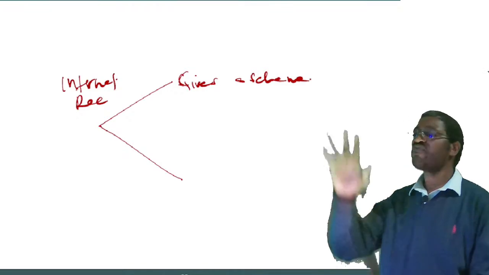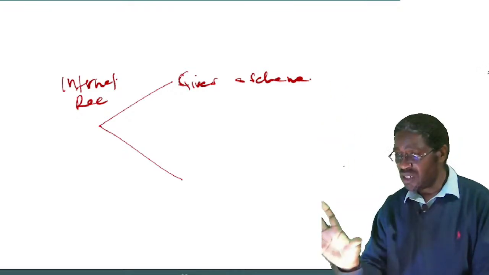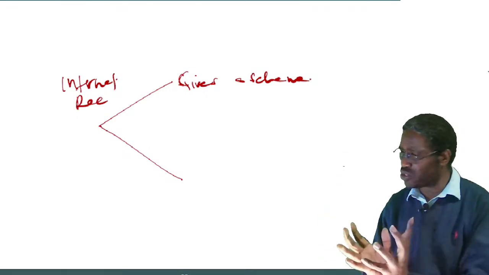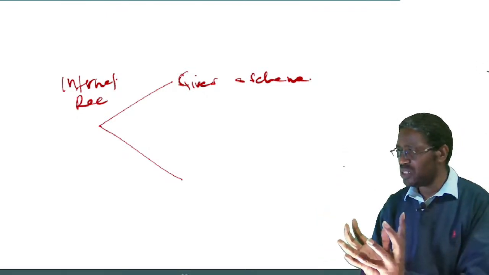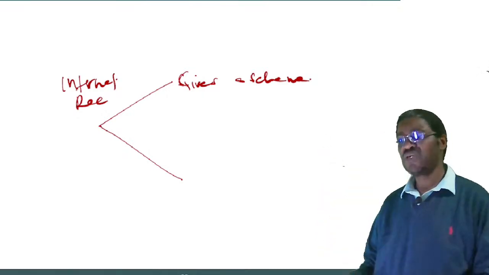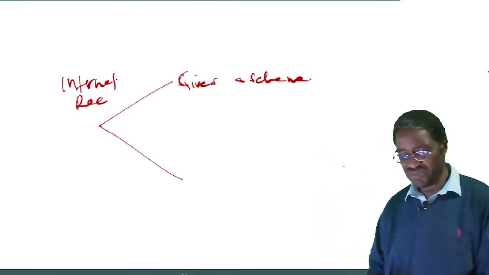Others tell you, first design your scheme. The question will give you the information concerning the company, and from that information you come up with your own scheme. So the question is, how do you design a scheme?